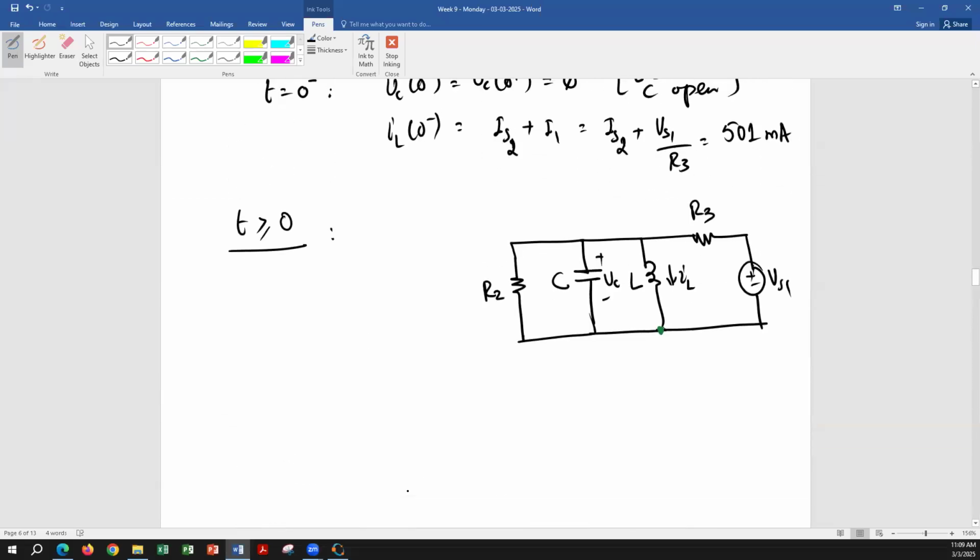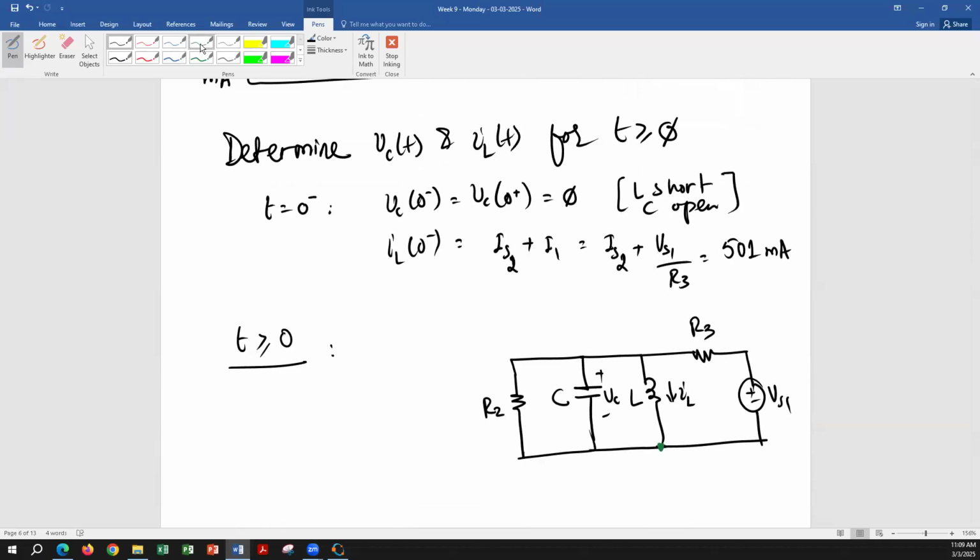This is a little challenging, perhaps the only challenging thing. We are looking for this IC, and of course we have different currents. We have this current coming in. Let's call this I1, IL, IC, and then IR2.